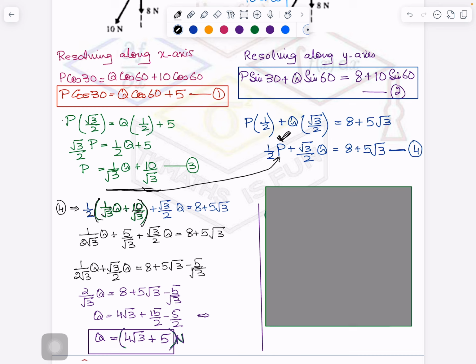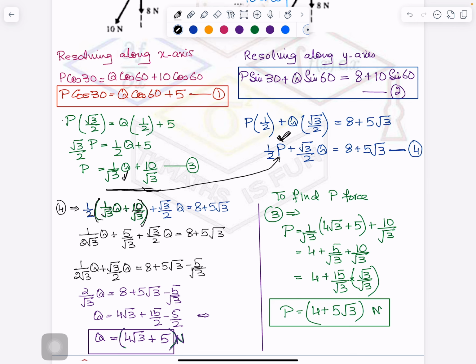And then substitute this value of Q here to get the value of P. So you can see I have substituted the value here in equation 3. I have mentioned here which equation I am using to get the answer. So I hope this is clear.